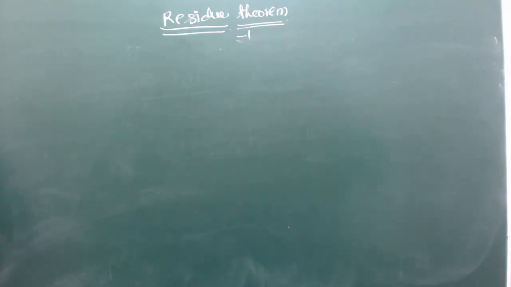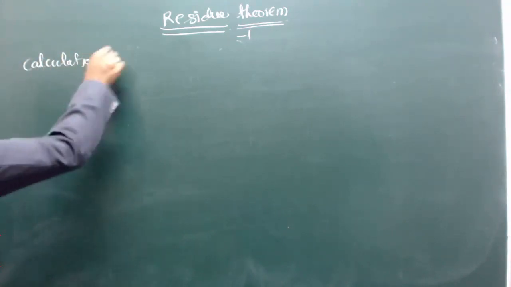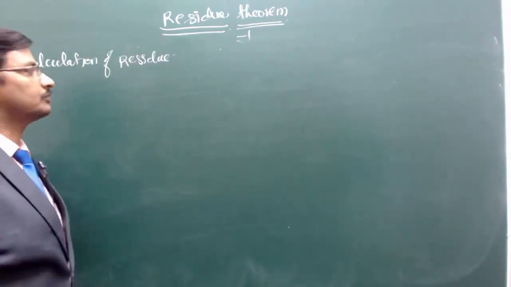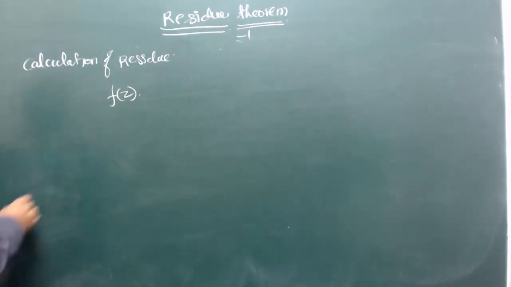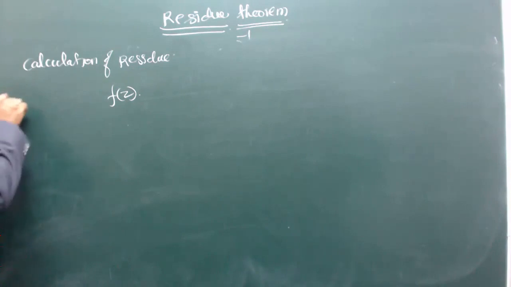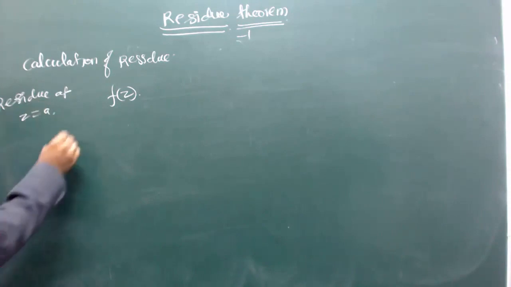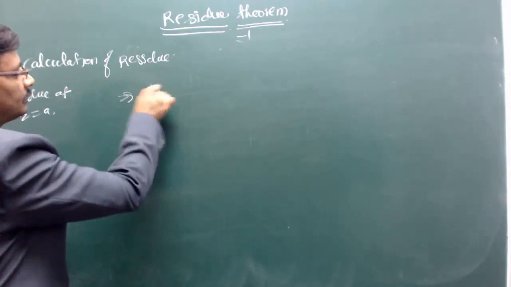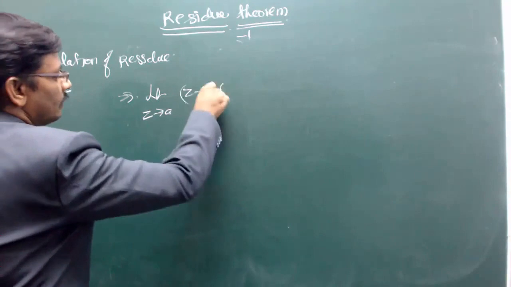So there is one more thing, the calculation of residue. Suppose f of z is there, and for this function, the residue at z is equal to a is equal to limit z tends to a, z minus a into f of z.